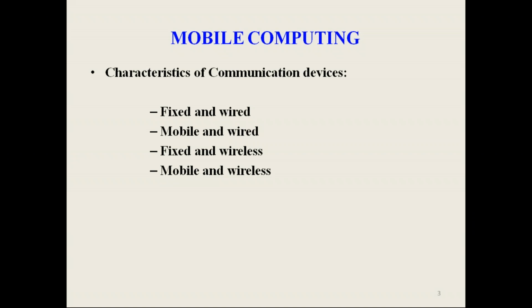Here G means generation, that is second generation, third generation, fourth generation. There is also 2.5G, which is an enhancement toward 3G.